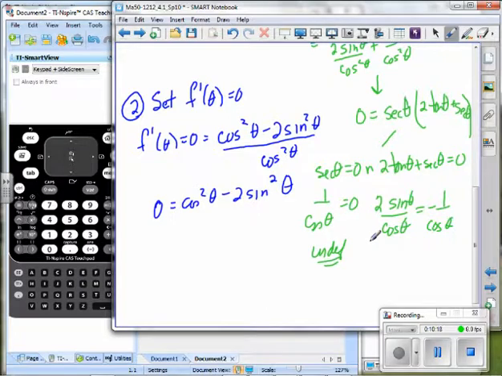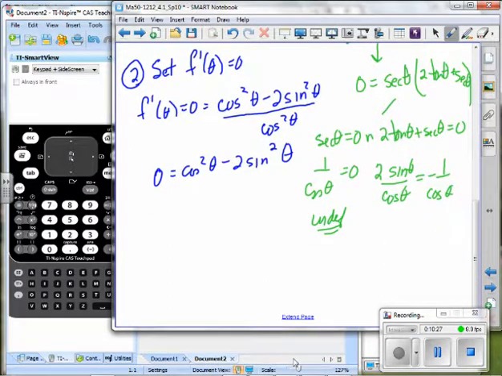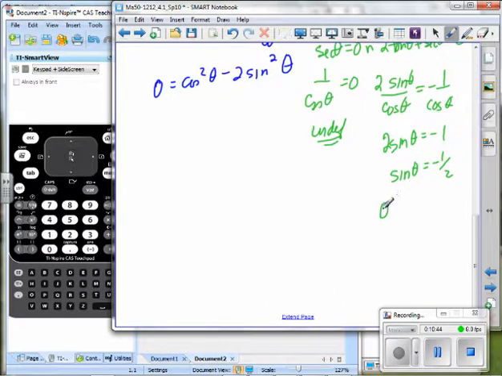If 2 fractions have the same denominator, then what must be true about their numerators? They must be equal. Okay, so we have 2 sine theta equals negative 1. It means that sine theta equals negative 1/2. What would theta equal?